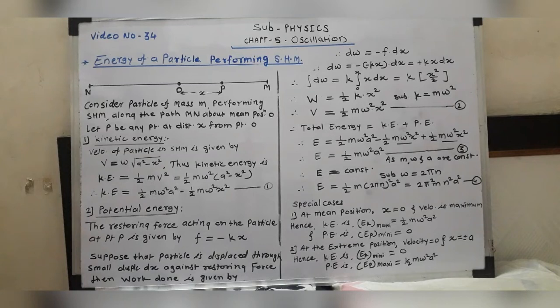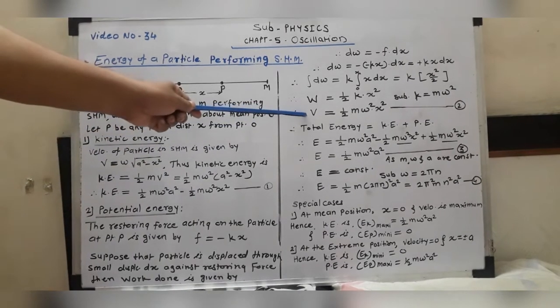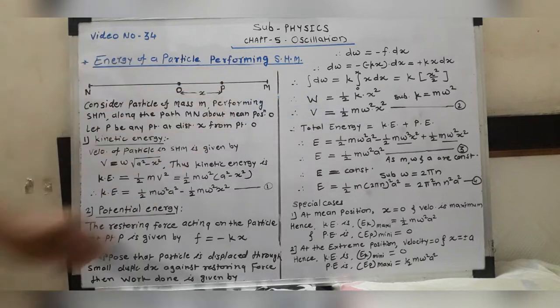This is the work done. But again we also know that this work done is always in the form of potential energy. And therefore we can write that V, that is the potential energy, is equal to 1/2 m omega square x square.